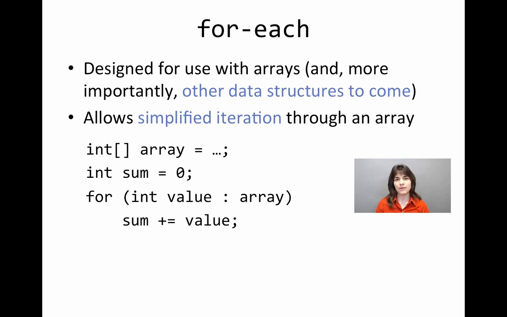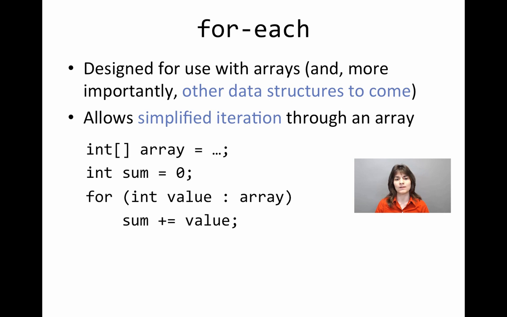We still have a variable, take a look at the parentheses of the for, but that variable now is not the index of an array element, it is an element itself. It represents an element itself, and it changes at every iteration without us having to explicitly do that. The for each loop will do that for us.